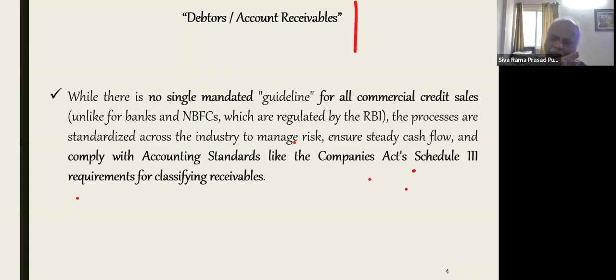But once the debtors are not recoverable, you have to provide a bad and doubtful debts provision. Here, the accounting standards are to be fulfilled, that too Companies Act Schedule 3.